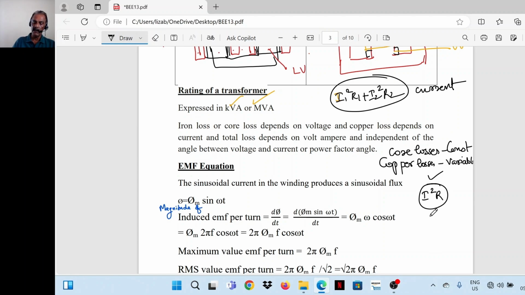If current is reduced to half, then the copper loss will be (I by 2) square into R. Here, full load current or rated current is used; at rated current the copper loss will be I square R. If current is reduced to half, then it is (I by 2) square into R, that is I square R divided by 4. That means copper loss is reduced to 1/4. So if current is reduced to half, copper loss is reduced to 1/4. So copper loss is considered a variable loss.